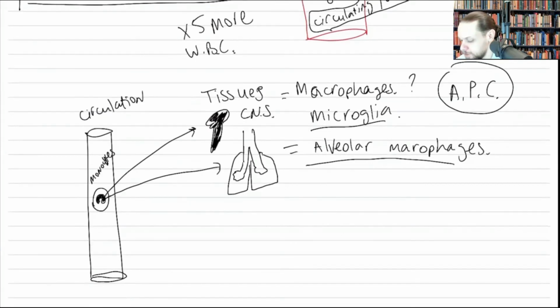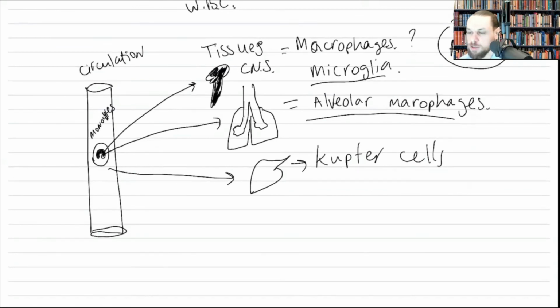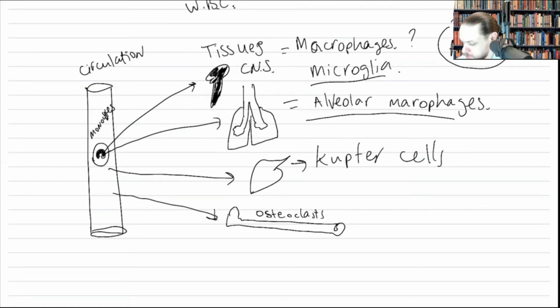Some other tissues that you should be familiar with: you have the liver. In the liver, they're called Kupffer cells. They're also found in your bones, where they're called osteoclasts. So the macrophage is also found there. What else?